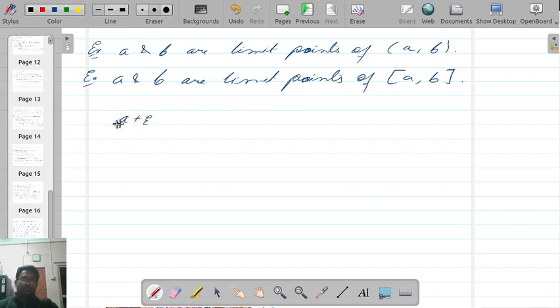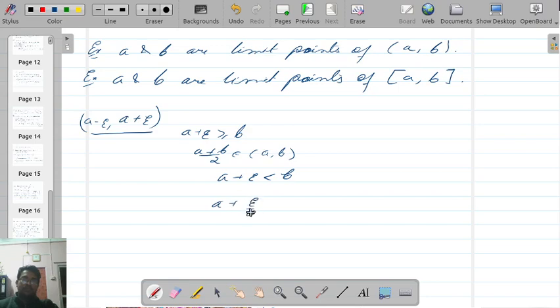You consider the interval (a minus epsilon, a plus epsilon). If a plus epsilon is greater than or equal to b, then you can take any point inside, say (a plus b) by 2, which belongs to the interval (a,b) and also belongs to the neighborhood. And if a plus epsilon is less than b, in that case we can take something like a plus epsilon by 2.